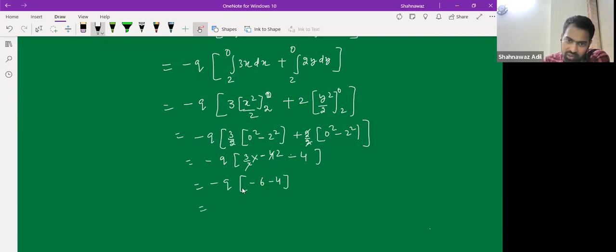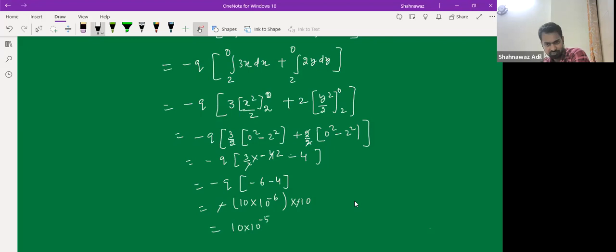So minus of 10 into 10 to the power minus 6, right? And then into 10 to the power minus 10. So minus minus cancels, and we have 10 into 10 to the power minus 5.